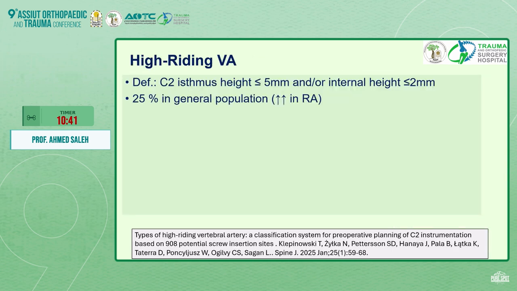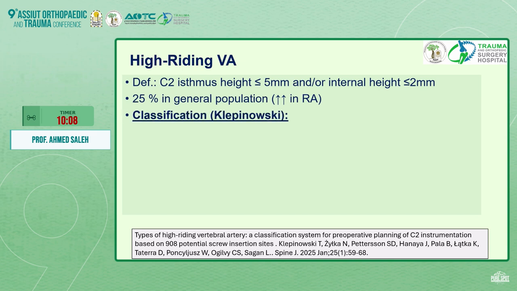High riding vertebral artery is defined as C2 isthmus height less than or equal to 5 millimeters, or internal height of C2 less than 2 millimeters. It is present in 25% of the population, and it may be duplicated in the presence of rheumatoid arthritis. So it is very critical to find it and to delineate it accurately when you are managing C2 fixation.